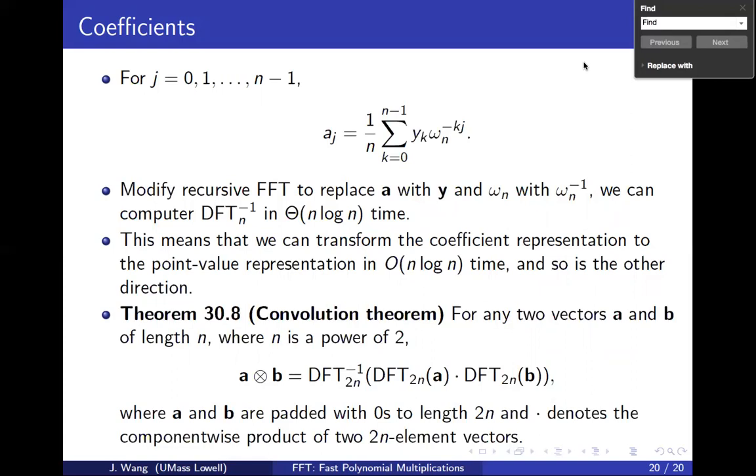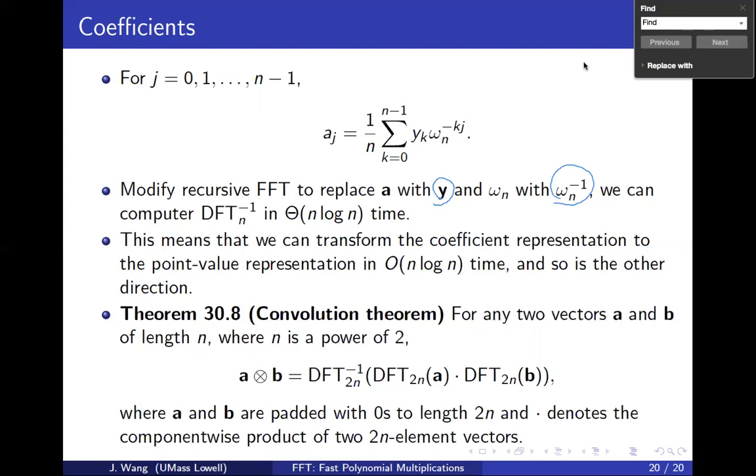Then we can modify the recursive fast Fourier transform to replace this coefficient vector A with this point evaluation vector Y, and replace omega_n with omega inverse, because of the Vandermonde matrix.